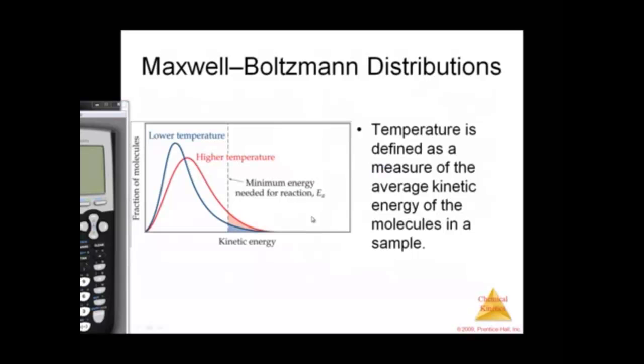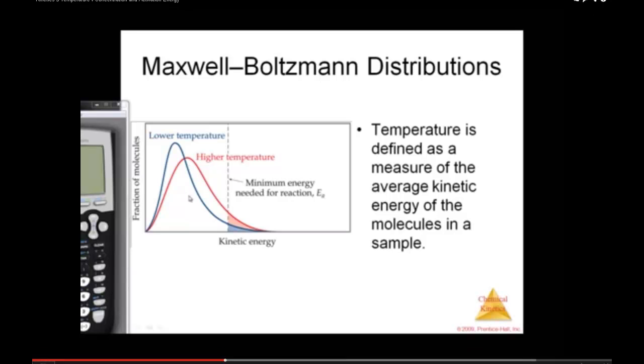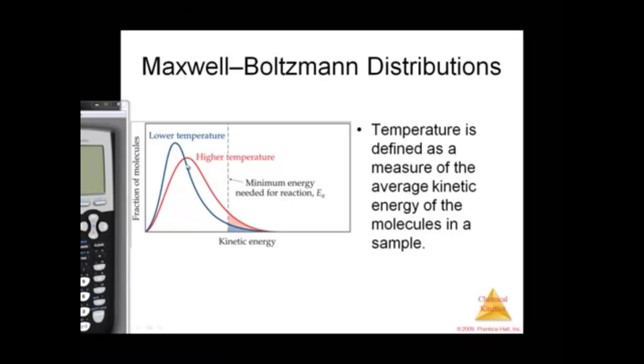Okay, so what's happening is, this is called the Maxwell-Boltzmann distribution. If you take a sample of some molecule or atom or solution, what you'll find is that they don't all have the same speed. There'll be some distribution of speed, with some with very low energy and some with higher energy, but most of them are at this average energy, right?